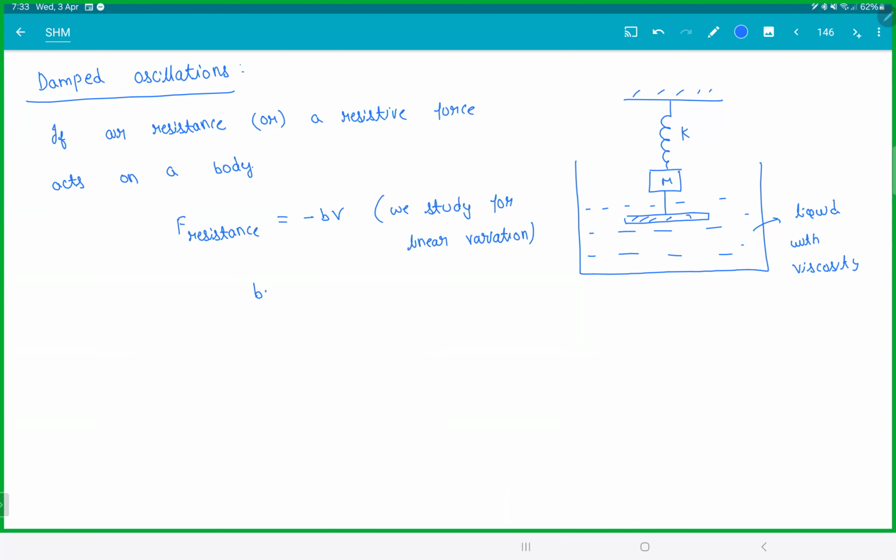So here b is called the damping constant. What b tells you is, higher the b, more the dissipation, more the resistance. V is the velocity.